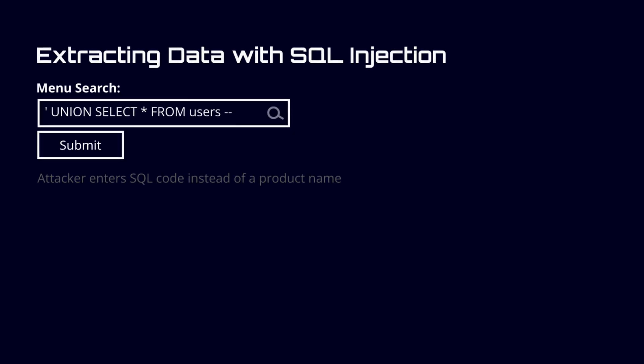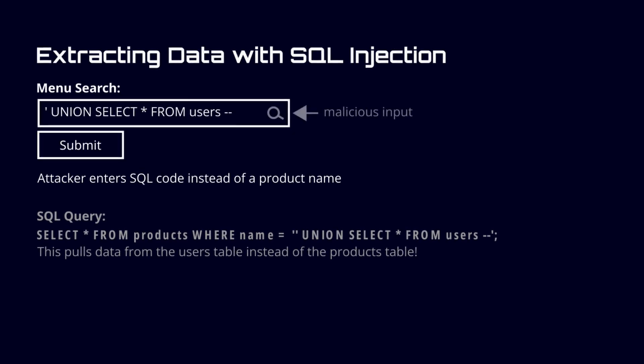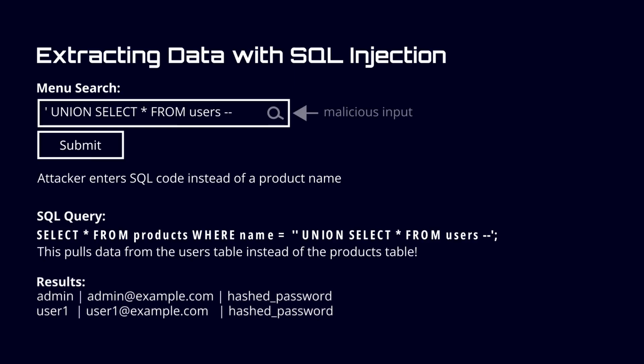Let's look at another SQL injection technique. This one is used to actually steal data. Suppose an attacker enters this into a product search field: single quote union select star from users dash dash. The application expects a product name, but instead it blindly places that input into the SQL query.